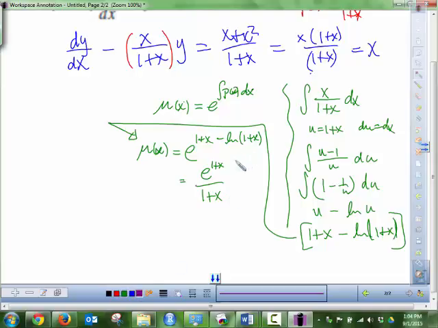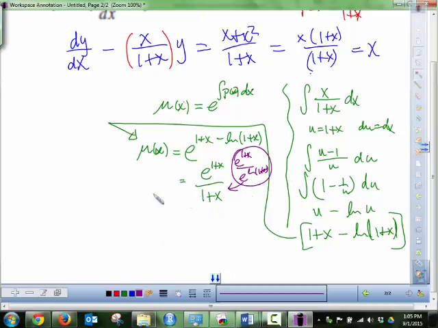The intermediate step here is e to the 1 plus x divided by e to the ln of 1 plus x. And e to the ln of something is something, so that's just the denominator. All right, so now that's your integrating factor.